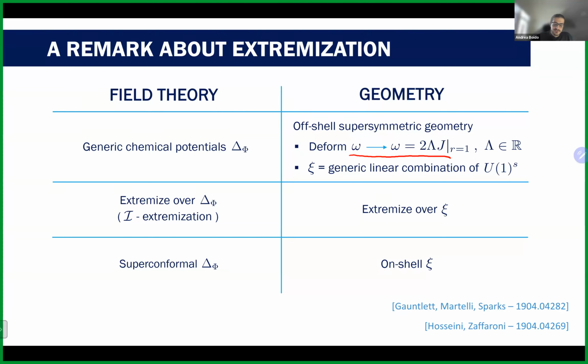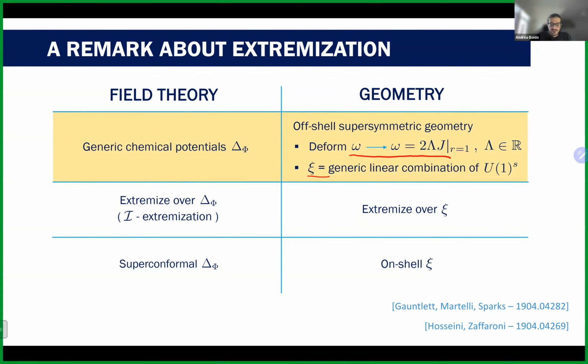Then also your R-symmetry vector psi will not be a specific vector, but so far just a linear combination of all the possible U(1) isometries of your internal space, Y7. Once you've done that, you can mirror the procedure by extremizing over this psi, and you get the on-shell geometry in that way.